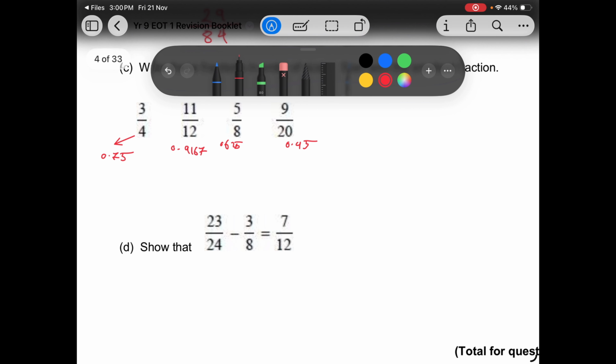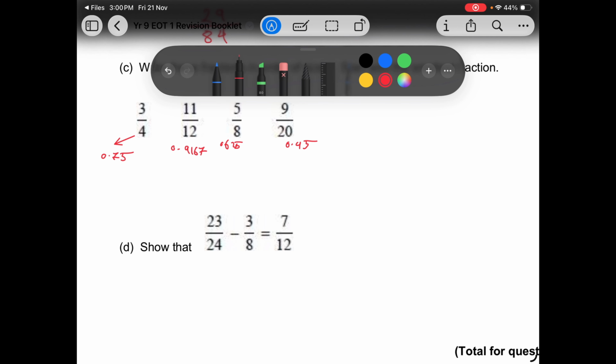Regardless, next, show that 23 over 24 minus 3 over 8 equals 7 over 12.